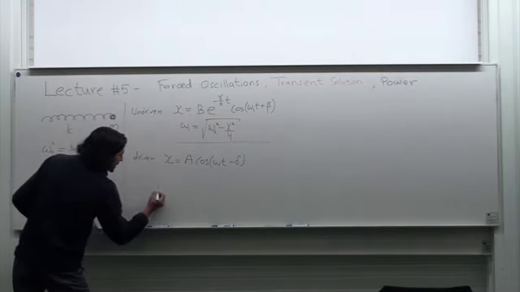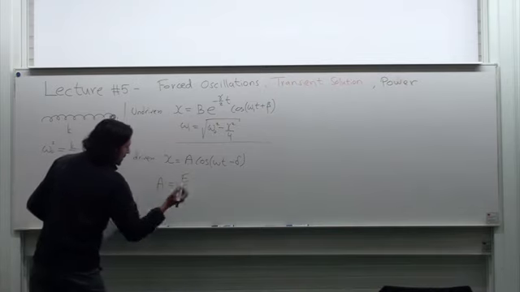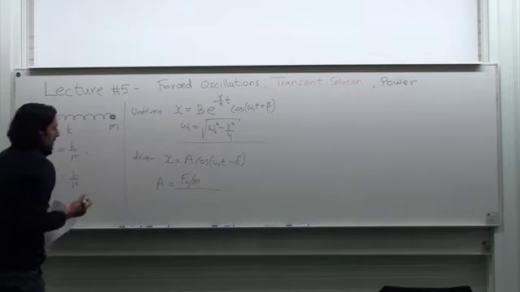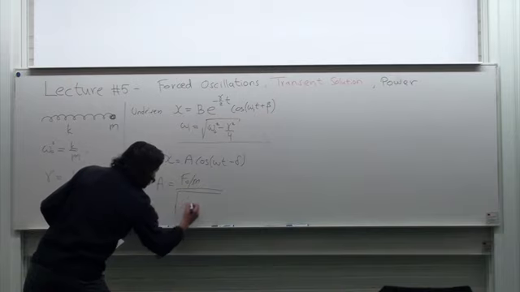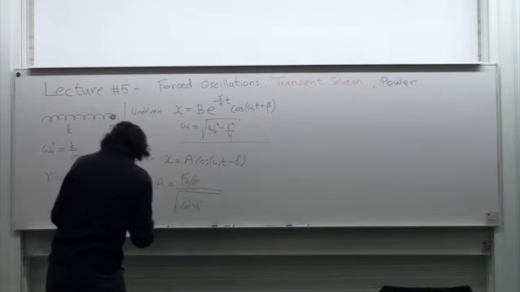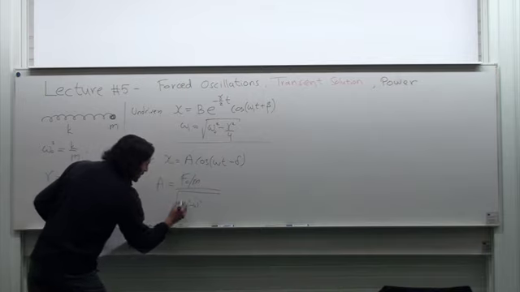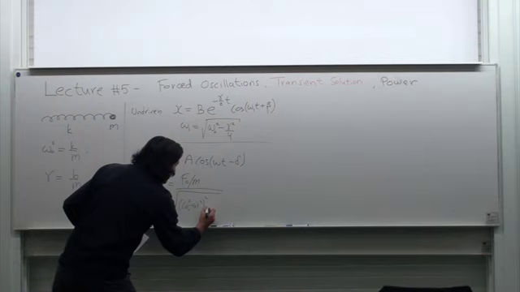So A is given by, let's say, in terms of the force, F over m, divided by the square root of omega 0 squared minus omega squared, all squared, plus gamma omega squared.